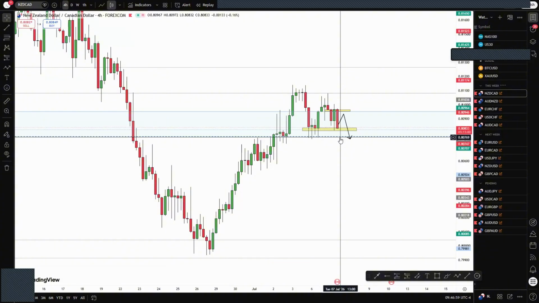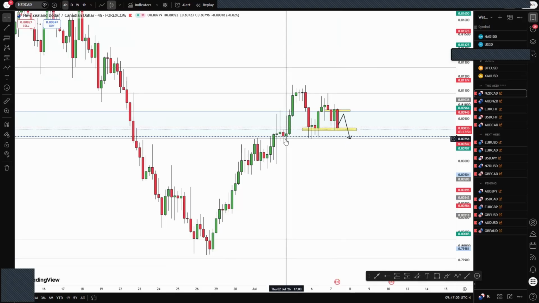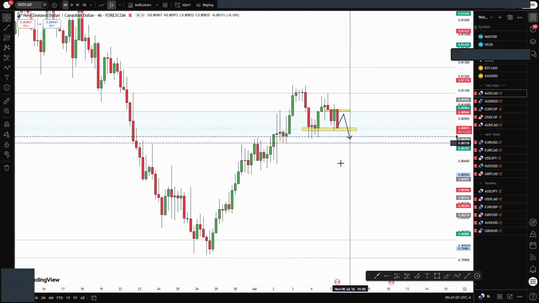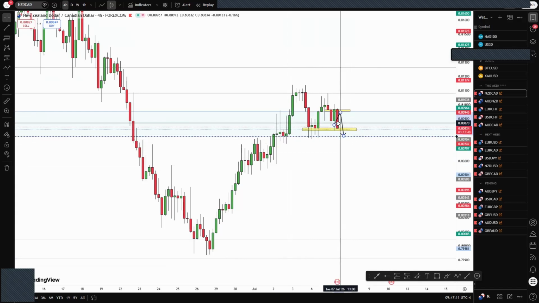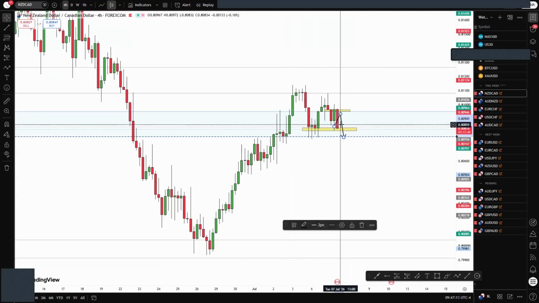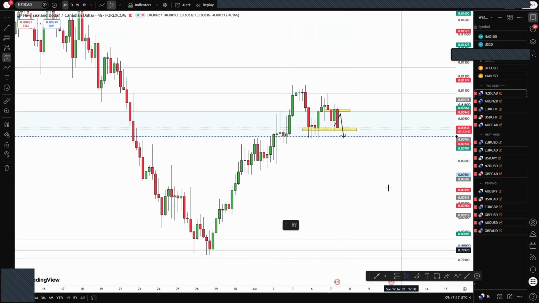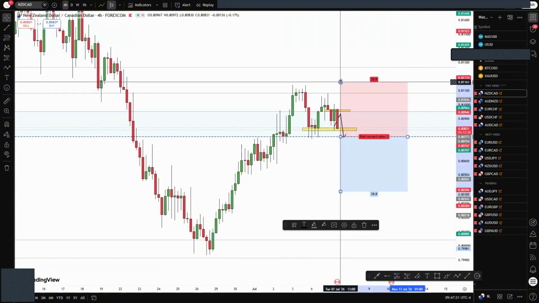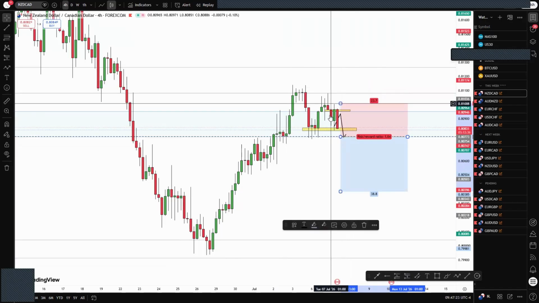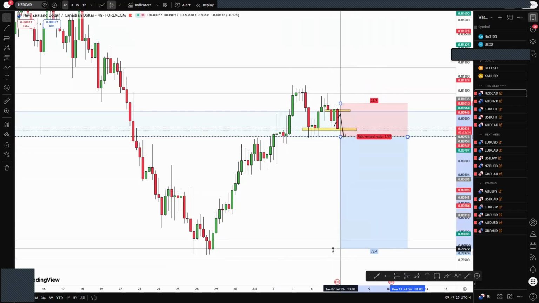We can now hope for price to break below this level, and we test it. Now we can hope for this, since price has already reduced itself at least.